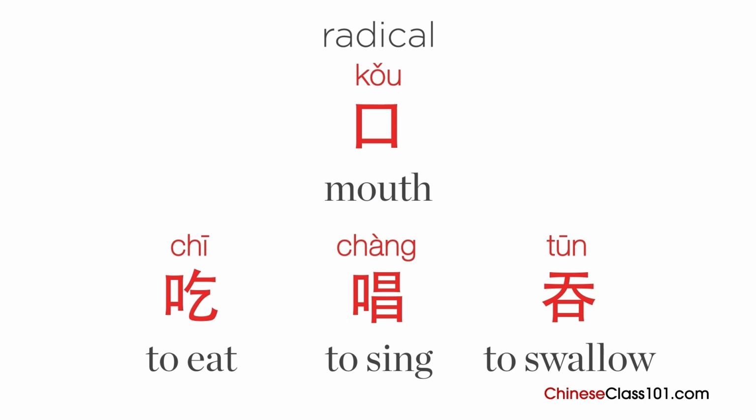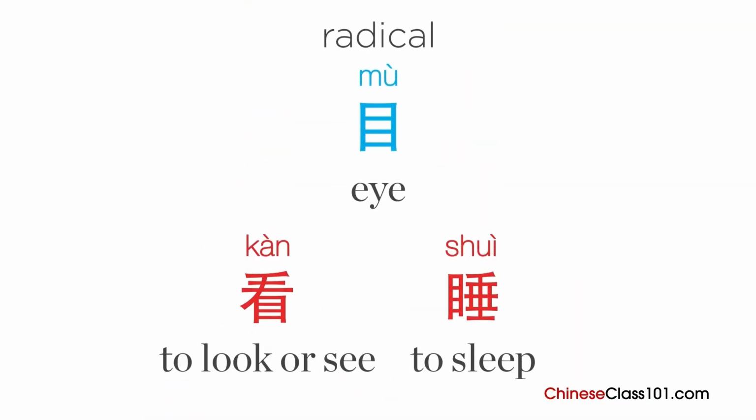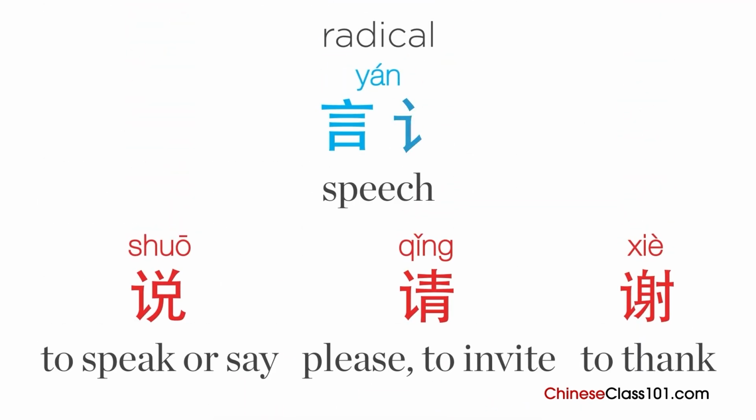Characters with this radical often involve using your mouth, such as 吃, to eat, 唱, to sing, 吞, to swallow. 目 means eye, 看, to look or see, 睡, to sleep. 言 or its variation means speech, 说, to speak or say, 请, please or to invite, 谢, to thank.